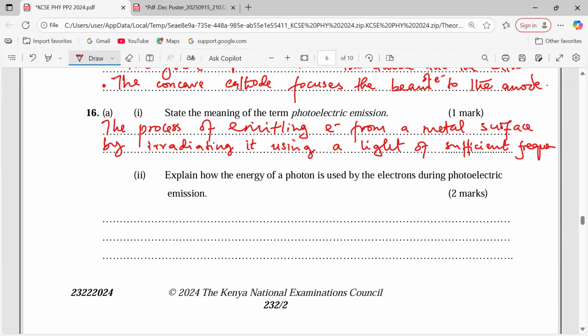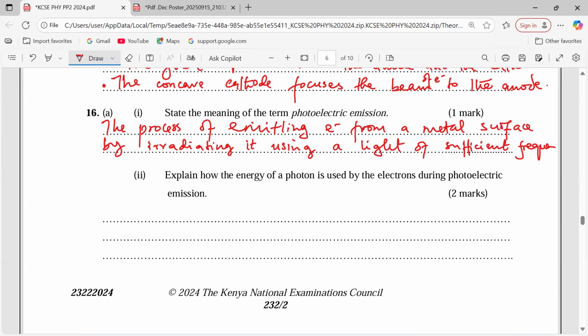Remember, there is a level of frequency, which in turn is the energy, which you can focus on a certain metal, and photoemission does not occur, simply because every metal surface requires some minimum energy for it to cause photoemission.